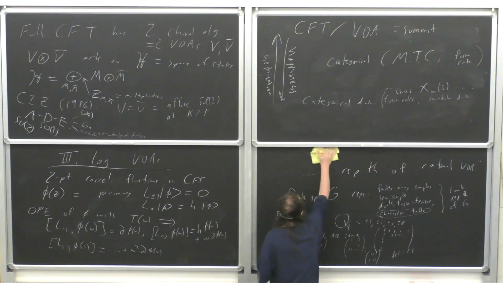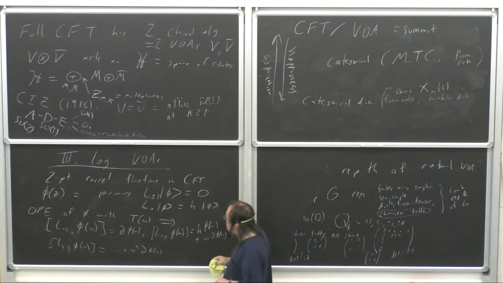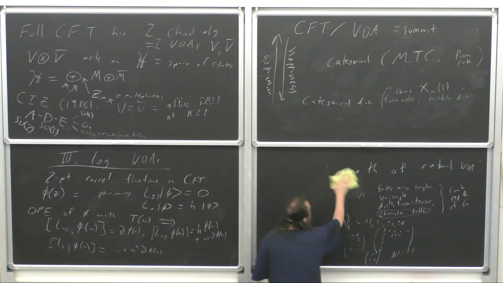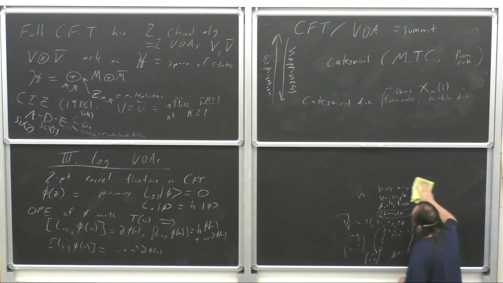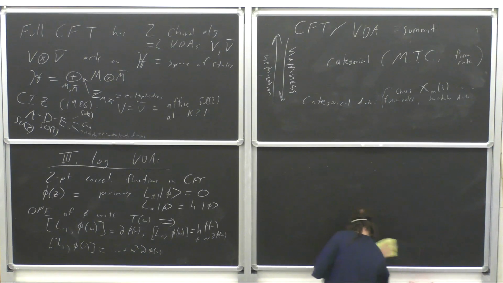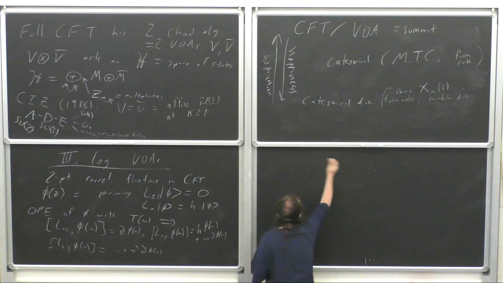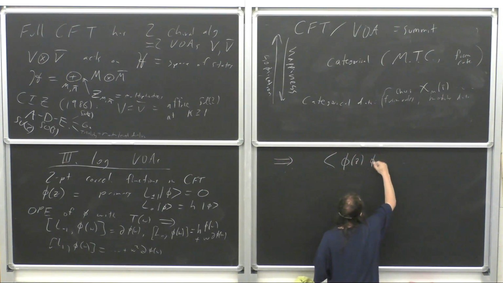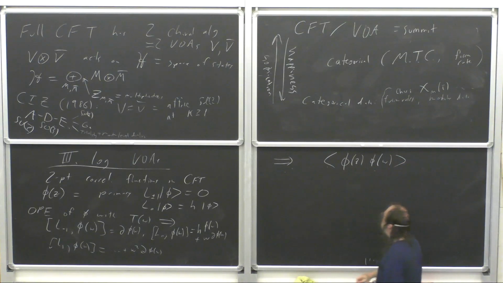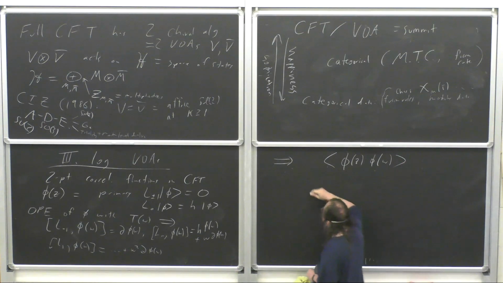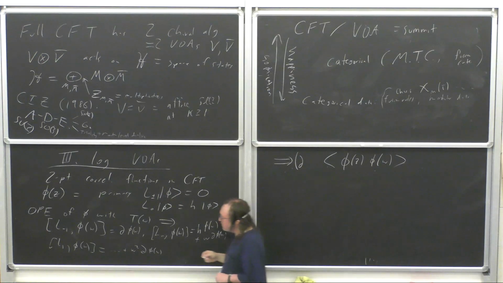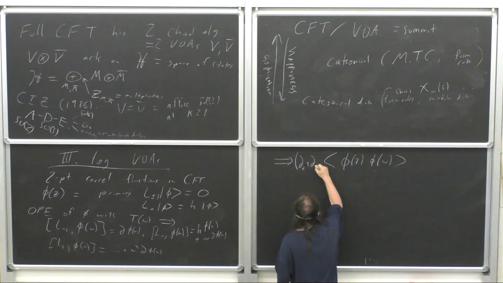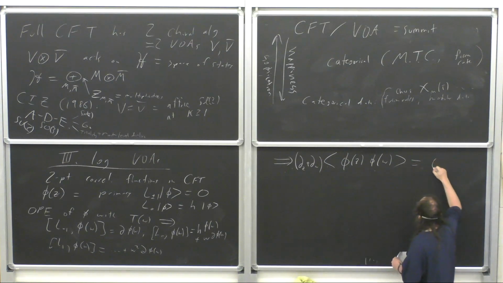But you can use these relations to come up with differential equations that the 2-point correlation functions have to satisfy. So our 2-point correlation function, who cares what it means, is going to satisfy, from L minus 1, that the partial with respect to Z plus the partial with respect to W equals 0.